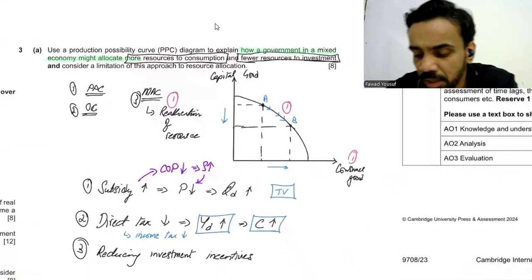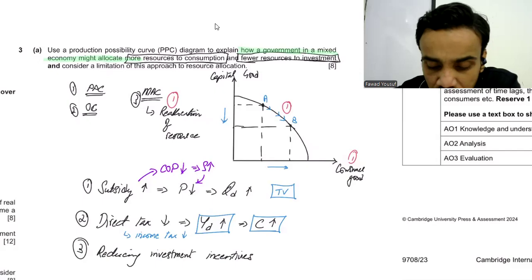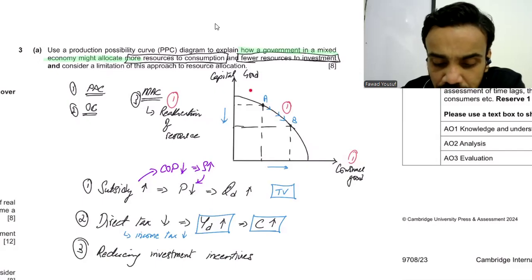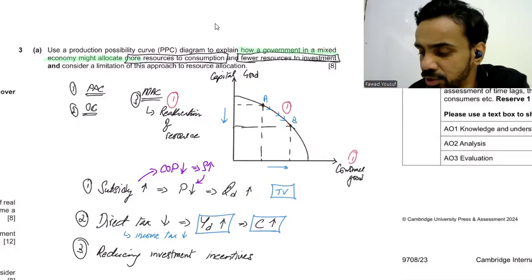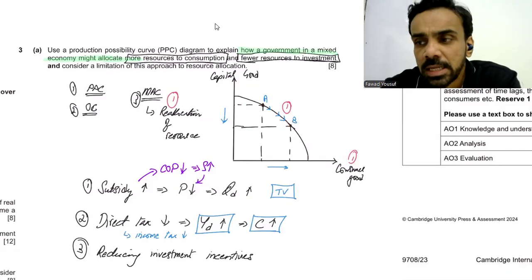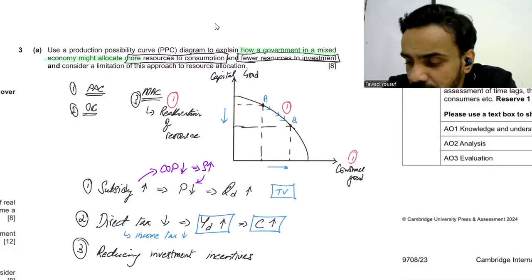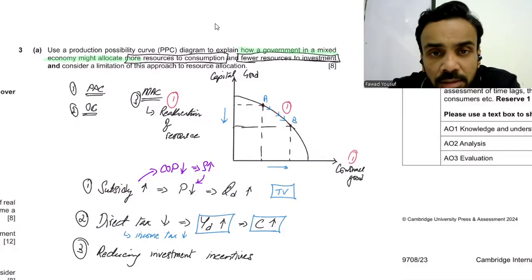Which is, and we did this in the question from the day before yesterday, that when you're moving from capital to consumer, this reallocation doesn't just happen so easily. Sometimes the businesses are reluctant because they're not ready.